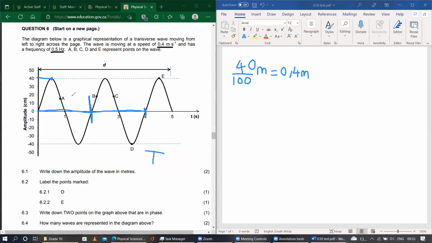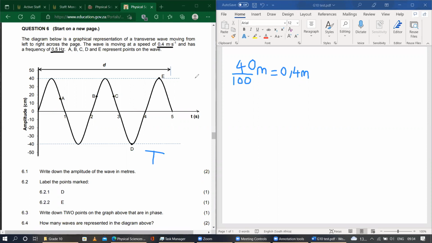I thought it's always going to be one unit. When it comes to science, that's why we have our SI units. Usually when you substitute into an equation, you need to use your SI units.